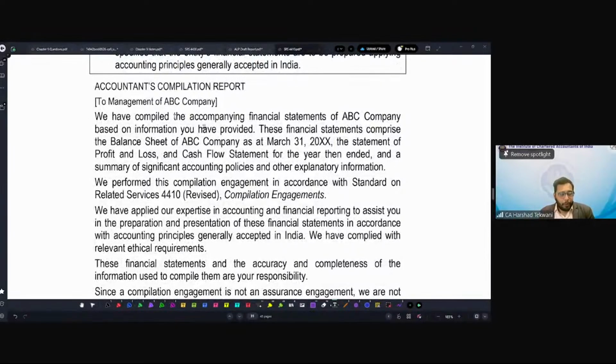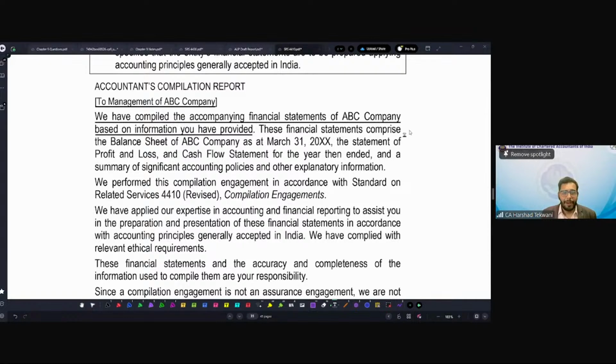So this is the report. Now, to the management of ABC company, as I told you, most of the time the addressee will be management. We have compiled the accompanying financial statements of ABC based on the information you have provided. Again, information you provided.